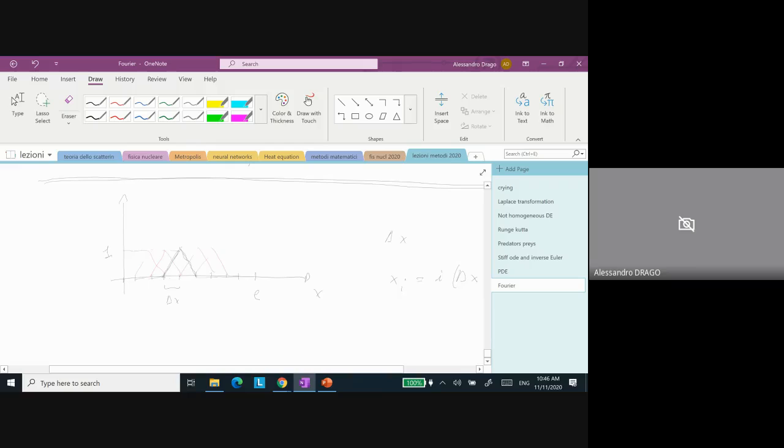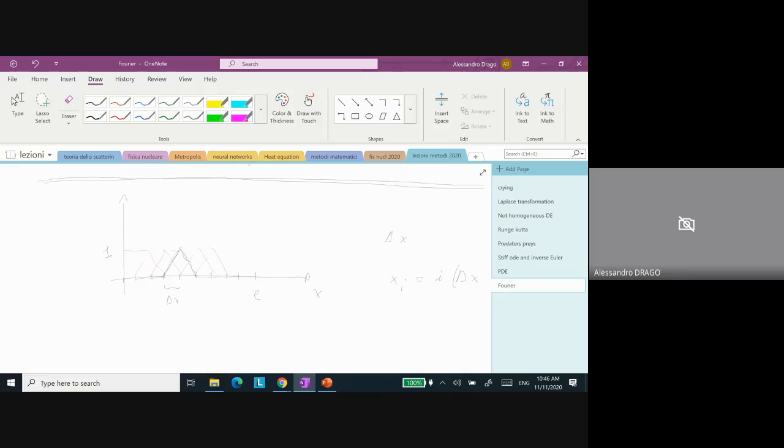I'm going to be slightly more formal in a moment, but I think that intuitively it should be clear. I essentially introduce some trivial localized objects, which in this case are linear, and my function is a linear superposition of these triangles.